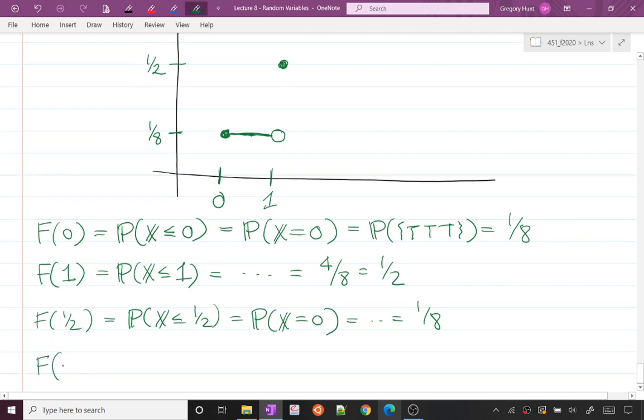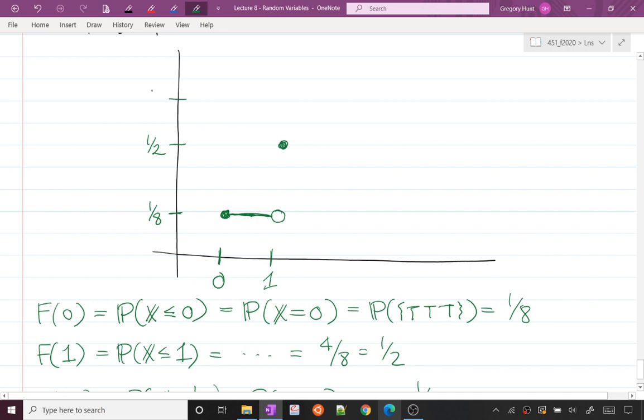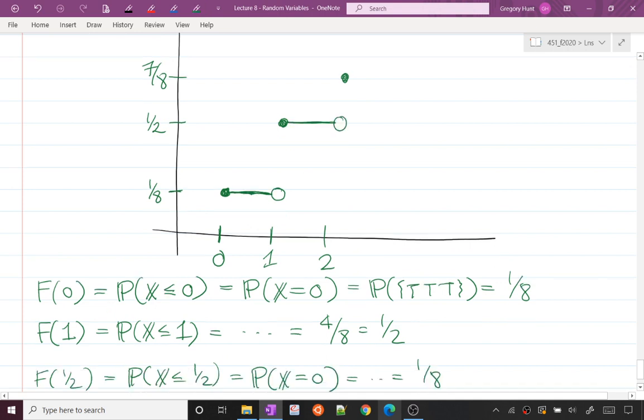And I can ask what F of 2 is, which is the probability that I have less than or equal to 2 heads. That's going to be 7/8. And so I would jump up to 7/8 at 2.